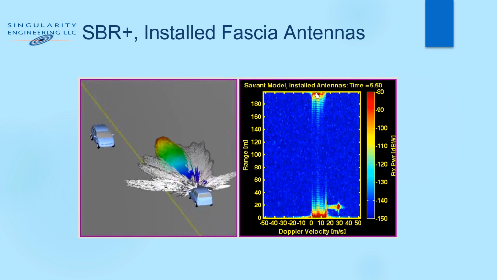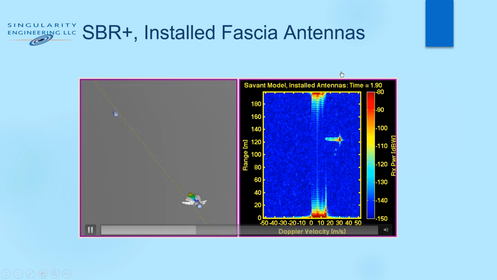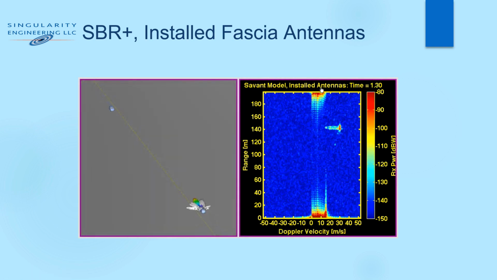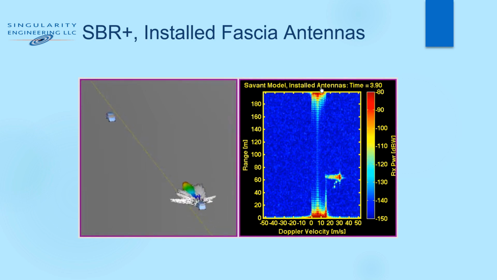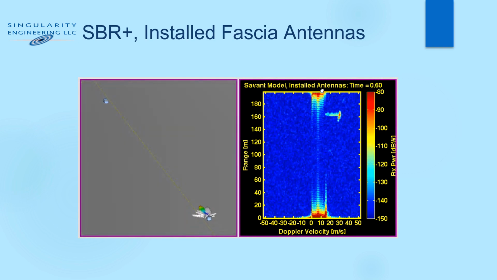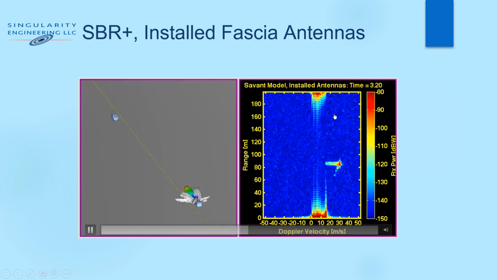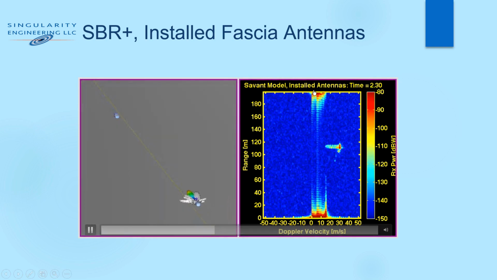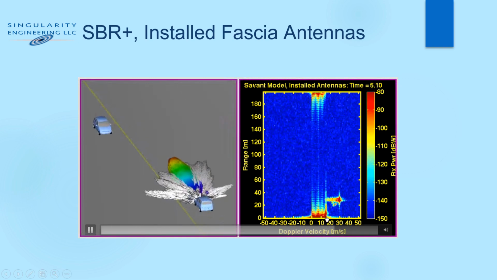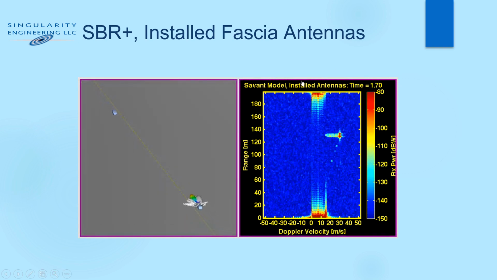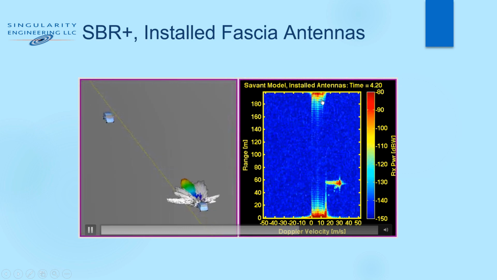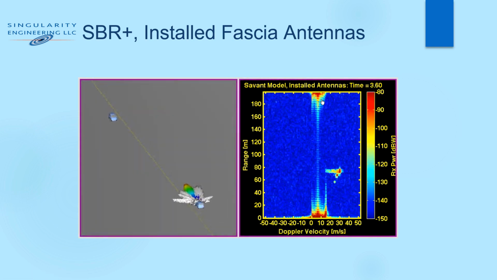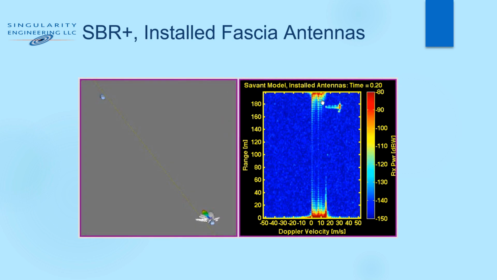This reflection is actually from the road, because we have the rough surface of the road, and there will be some kind of reflection from the road by the side lobe. This car is driving at about 10 meters per second, and we can see this thing is moving at 10 meters per second. So this is the reflection from the road.